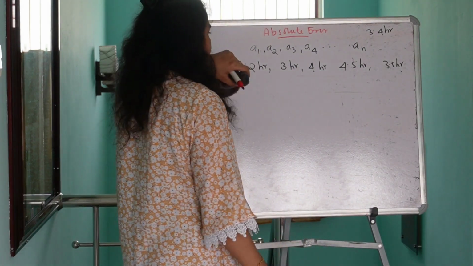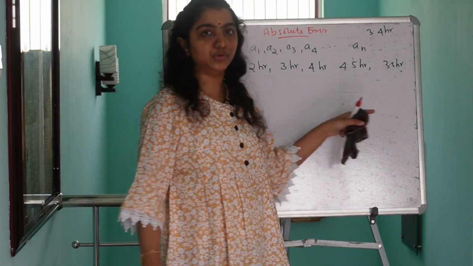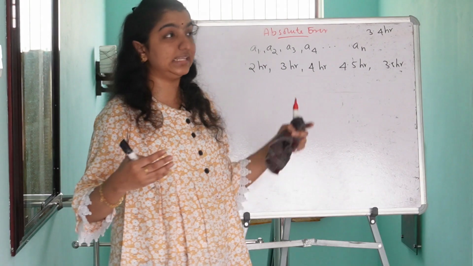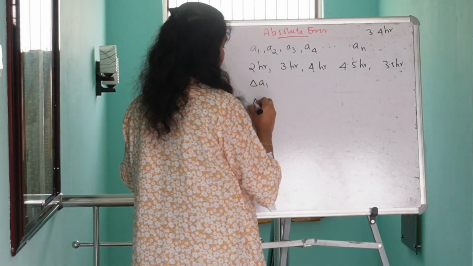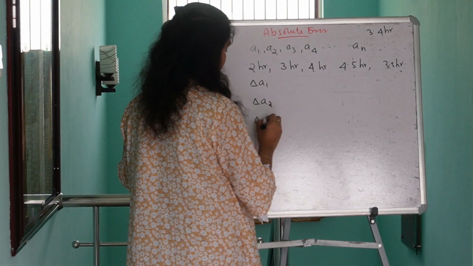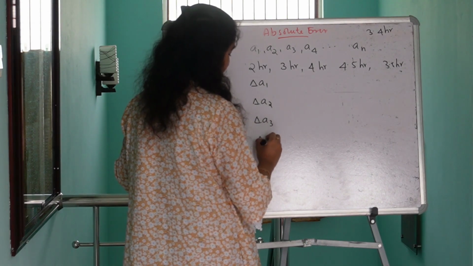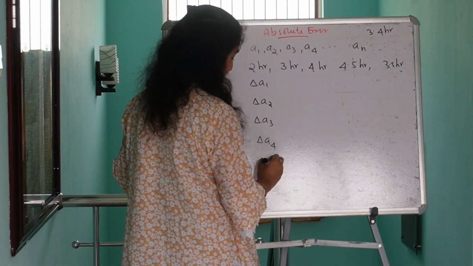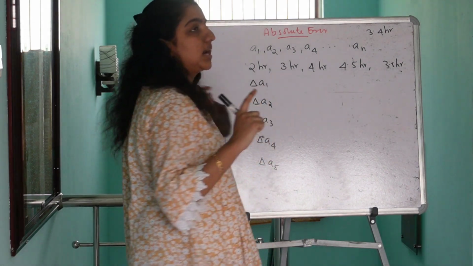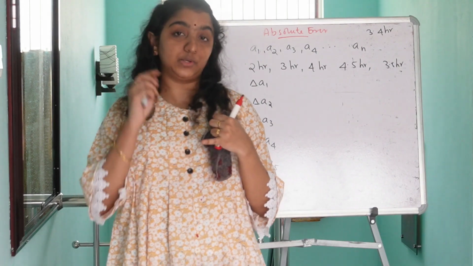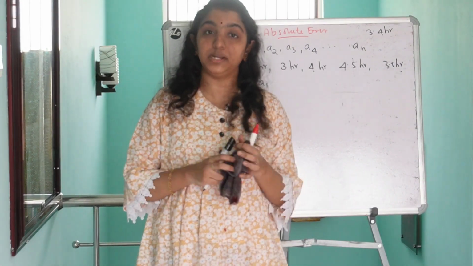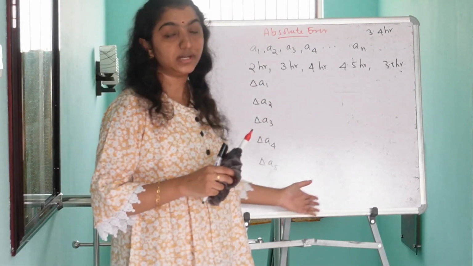3.4 hours. Now I am going to find the errors in the individual measurements: del A1, del A2, del A3, del A4, del A5. If you are asked to find simple errors, then this is your final step.